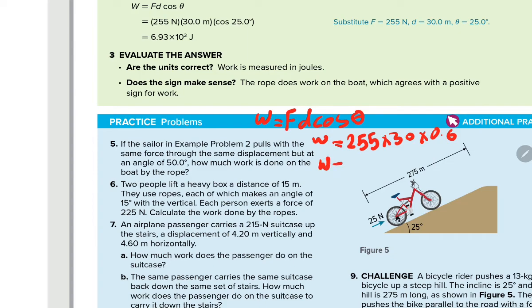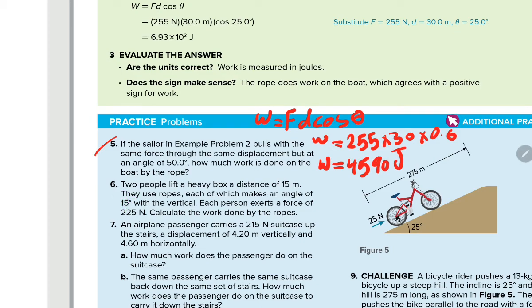The final result for the work will equal 4,590 joule. This is question number 5.